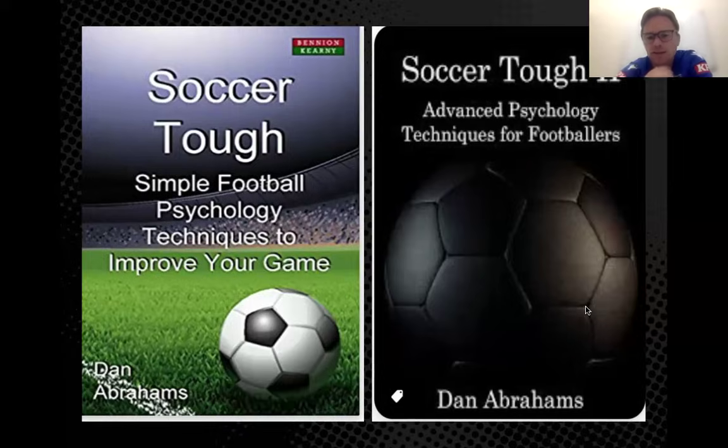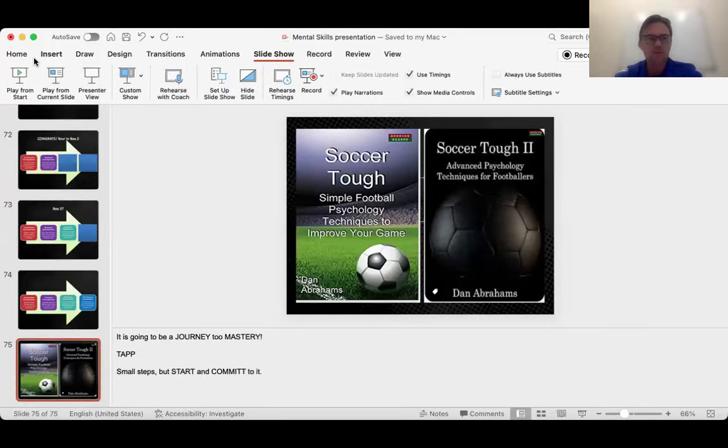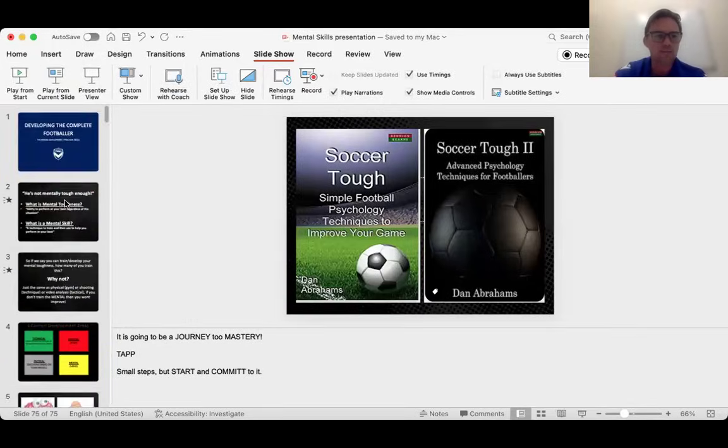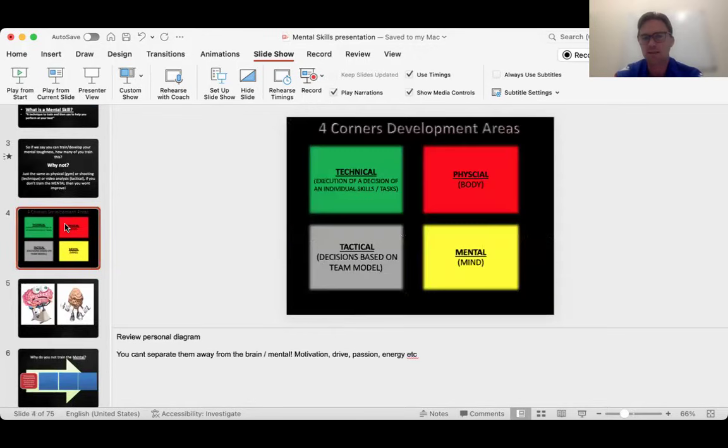But ultimately, I'm trying to use the resources and the tools for us, and for our players, so that with this whole bottom right-hand corner, we feel more confident speaking to athletes about it, and hopefully they can become more resilient, more developed in everything else in here, so they have a better chance of kicking on with their own journey.